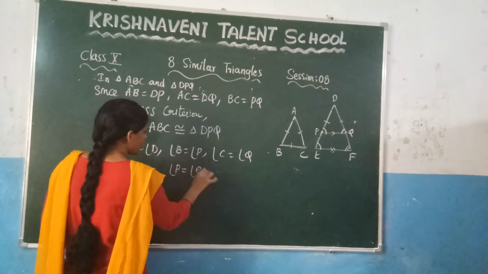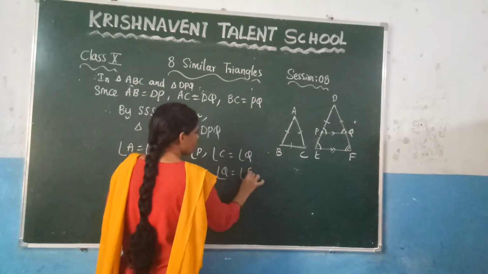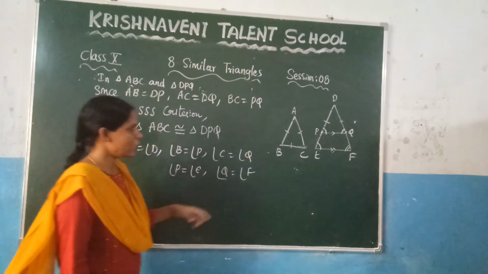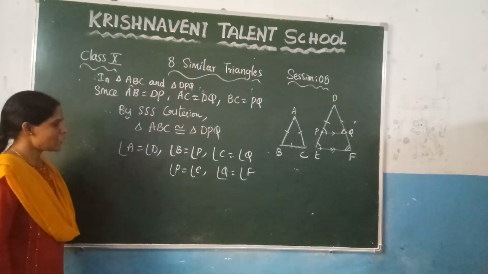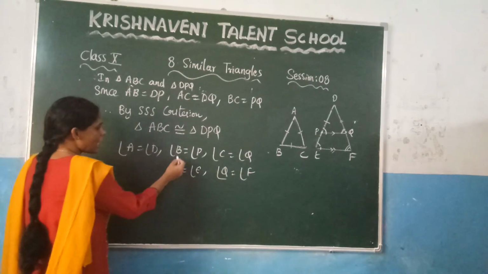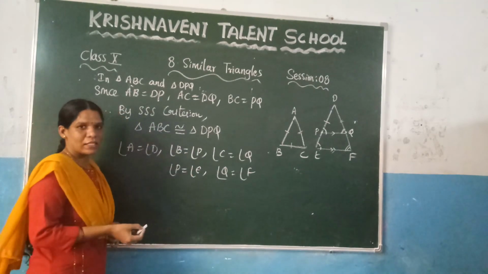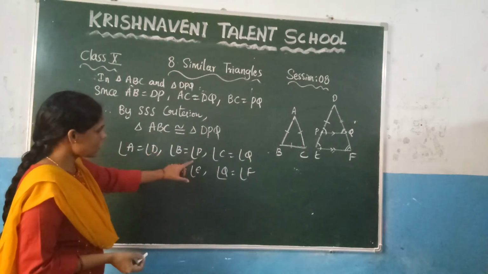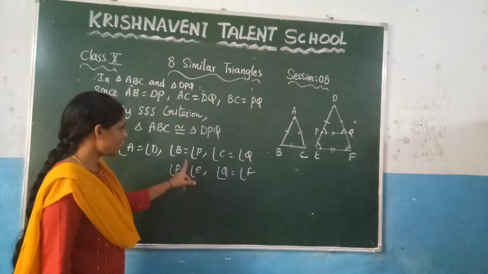Angle P is equal to angle E, and we have proved angle Q is equal to angle F. Why? Because here PQ is parallel to EF. Now you can observe that based on these two conditions, angle B is equal to angle P, and angle P is equal to angle E. Now here angle P is there, so you can equate these two values.